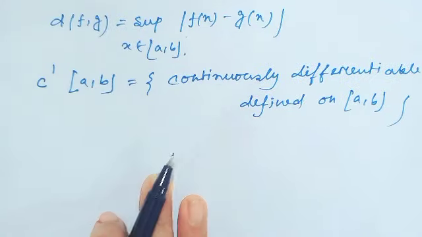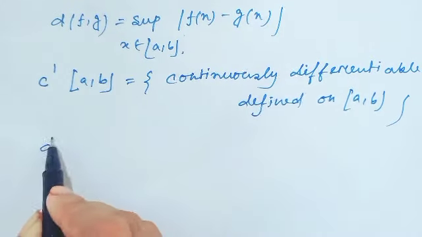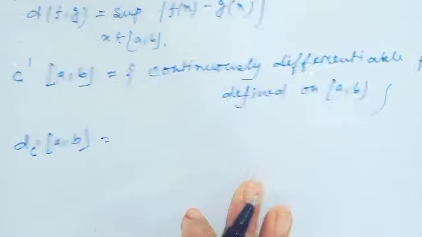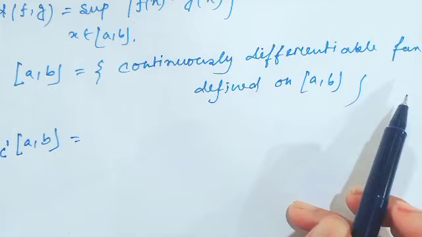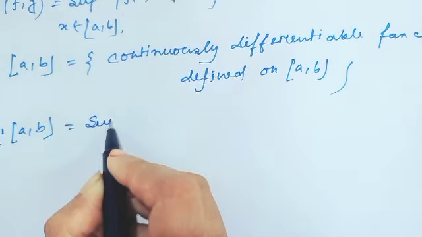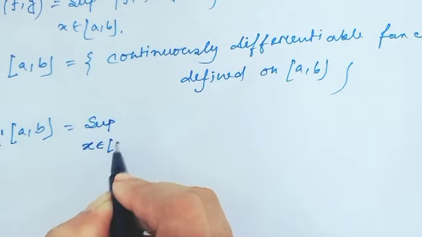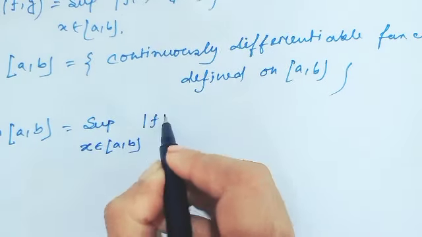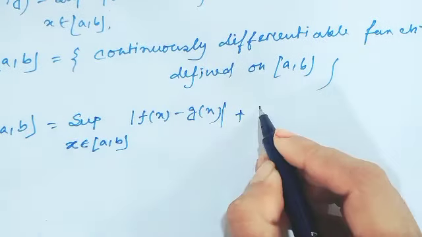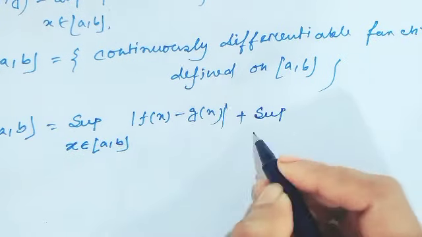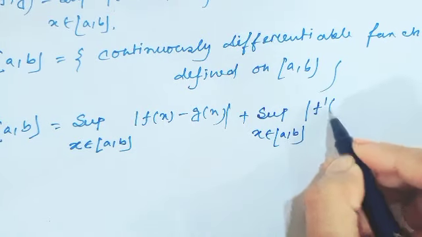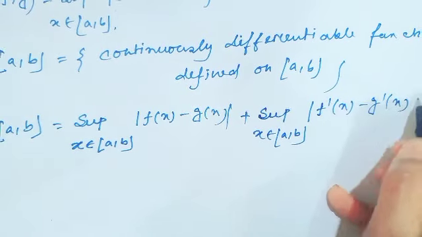In this space, the metric d on C1[a,b] is defined as follows: since these are continuously differentiable functions on the closed interval [a,b], it is the supremum over x in [a,b] of the absolute value of f(x) minus g(x), plus the supremum over x in [a,b] of the absolute value of f'(x) minus g'(x).